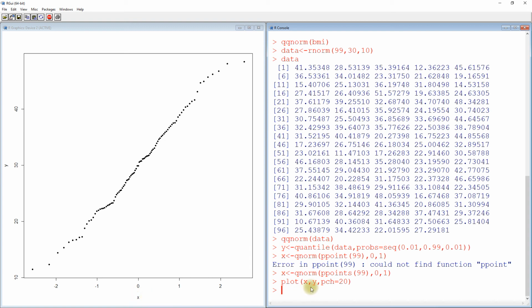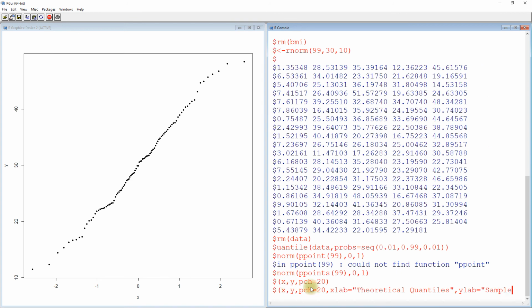You can change the header: xlab equal to theoretical quantile, and your ylab equal to sample quantile.